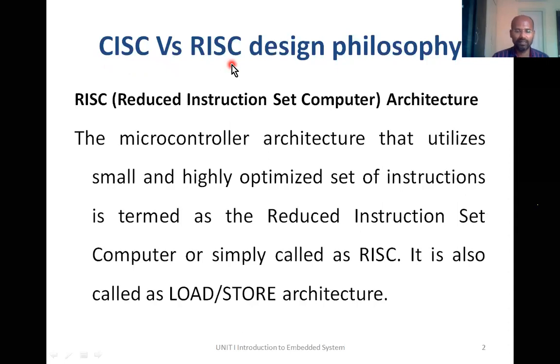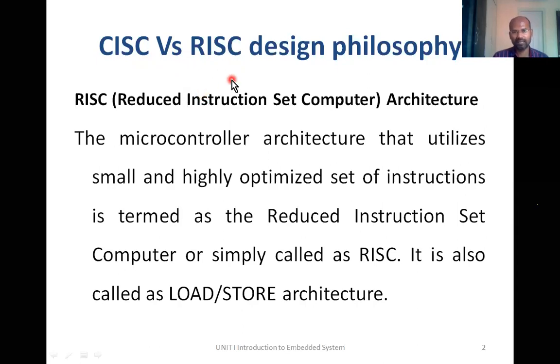Whereas we also talk about ARM. ARM is not purely RISC nor is it CISC. It is a blend of CISC as well as RISC. ARM evolved and contains all the good features of RISC and CISC. You may call it a hybrid architecture.